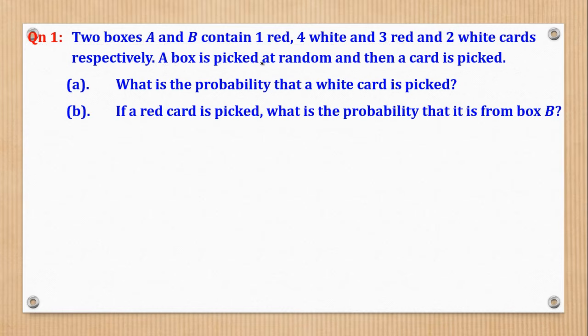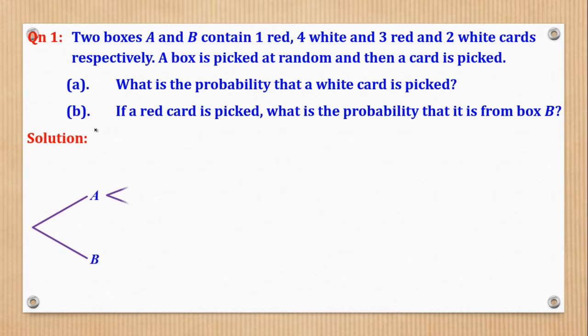A box is picked at random and then a card is picked. Part A, what is the probability that a white card is picked? And part B, if, note this word if, a red card is picked, what is the probability that it is from box A? This is a dependent event, as you have seen in the solution.